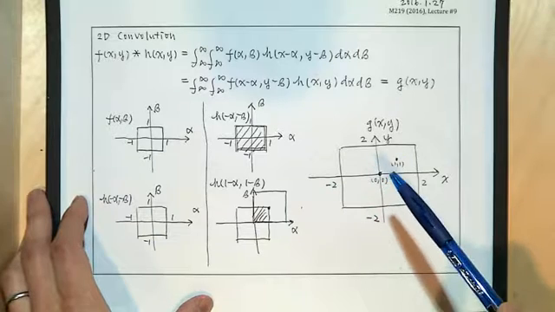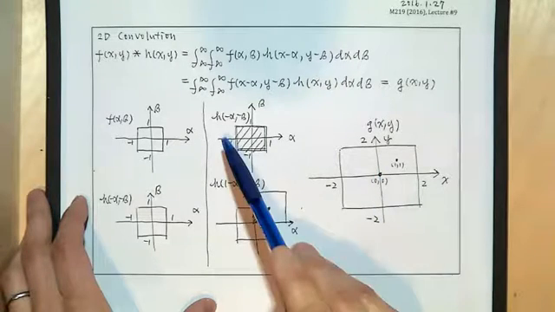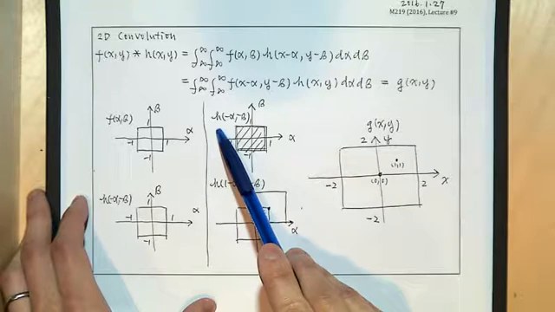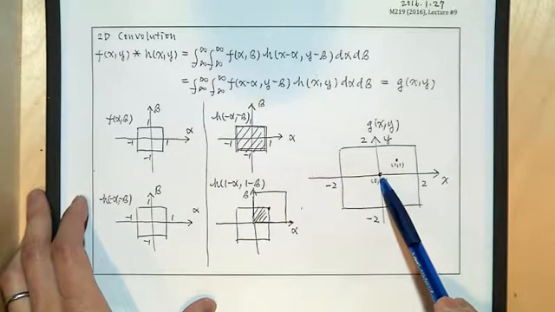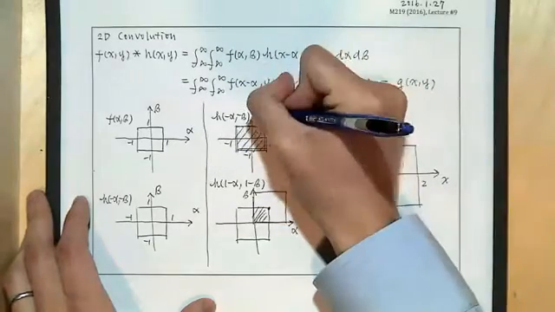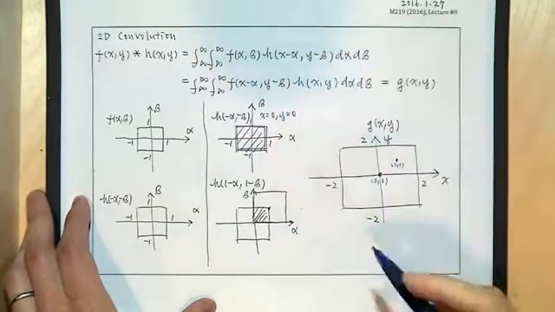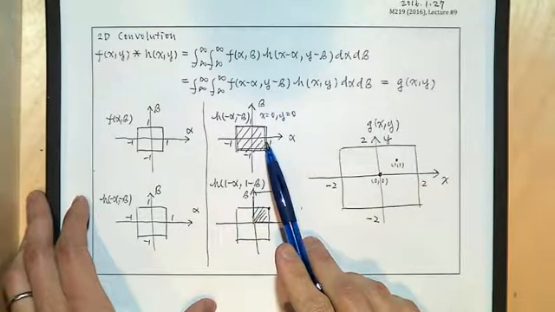To get the results for different points in g, let's say 0,0, we shift h by that amount and look at the overlap between f and h. In this case, for x equal to 0 and y equal to 0, the two functions overlap entirely. So that will give us the maximum value in this convolution.